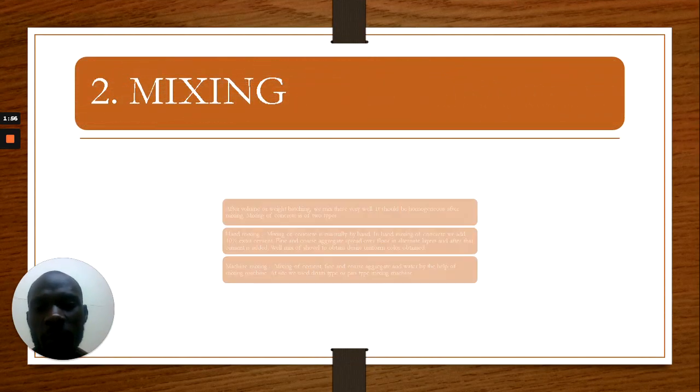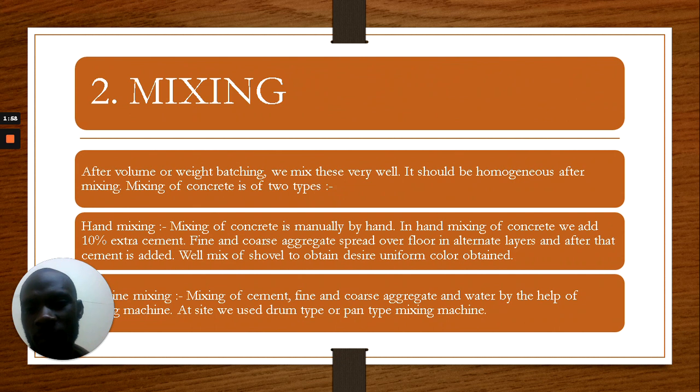mixing. So mixing is the process number 2. After volume or weight batching, we mix the materials that have been batched very well, and it should be homogeneous after mixing. Mixing of concrete is of two types.